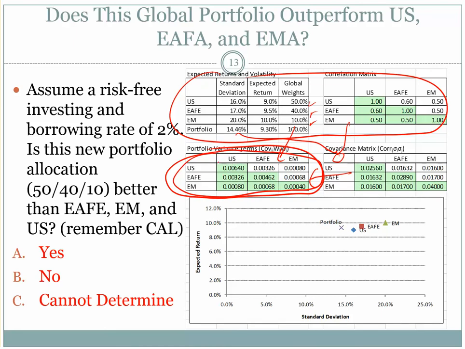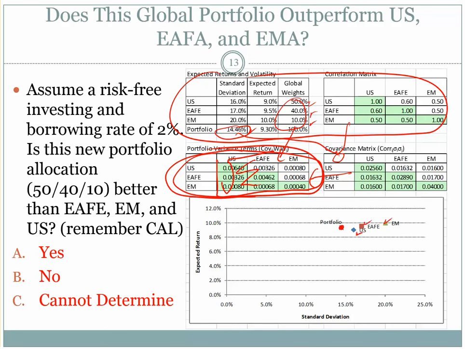If we sum up these 9 numbers, take the square root of it, that'll give me the standard deviation of the portfolio. So this portfolio 50-40-10 has a 9.3% mean and a 14.46 standard deviation. I graphed it, and that portfolio is right here. Here's my US, my IFA, and my EMA.